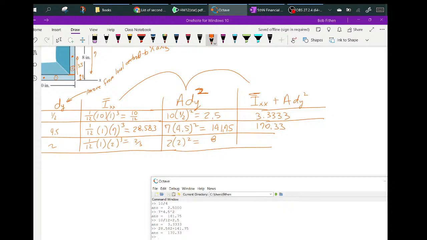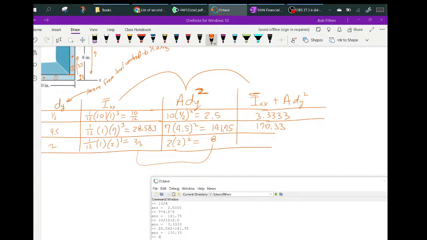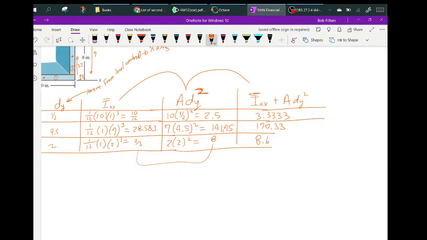I think there are more 3s there, because it's 7 to the third over 12. Then 2/3 and 8: 8 plus 2 divided by 3 is 8.666. I'm just going to leave it there.